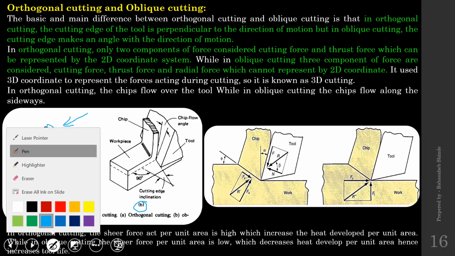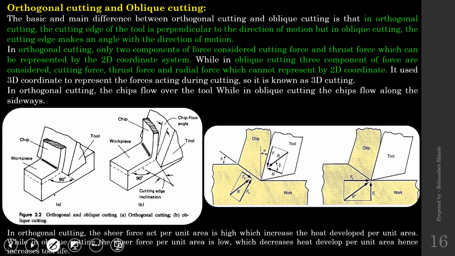Now while moving in this direction, if you observe the orientation of the cutting tool, this is the cutting edge of the tool, and this is the direction in which the tool is going to move, the direction of motion.